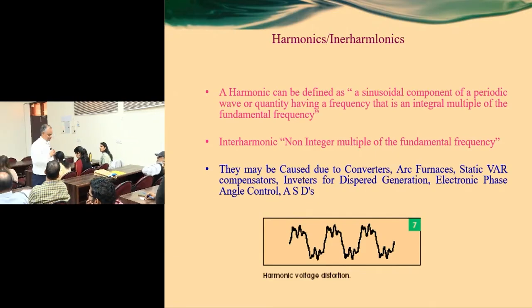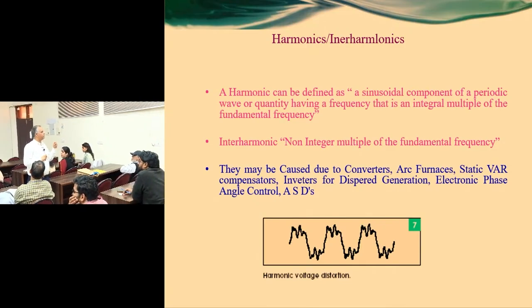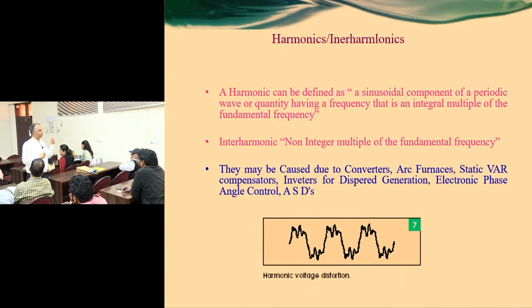You see, in industry, where the sanctioned load is more than 1 megawatt, there are already norms that they should not inject that much harmonic pollution. Norms are there. You are not supposed to inject reactive power, demand reactive power and harmonics beyond permission.